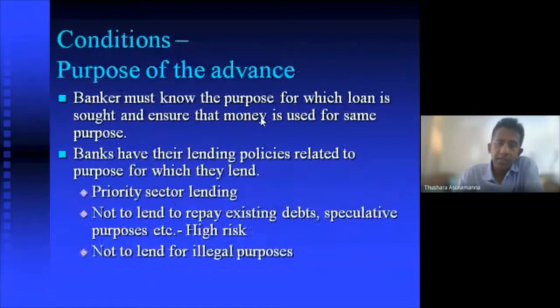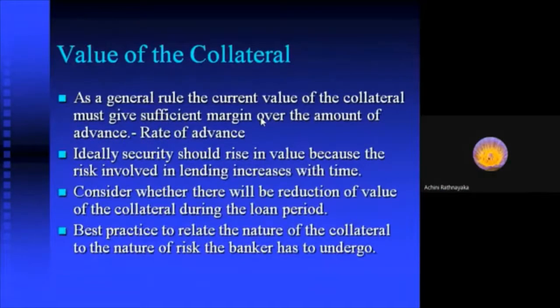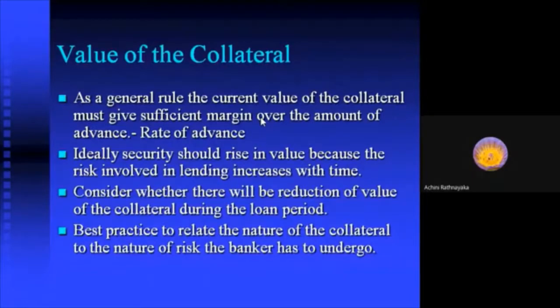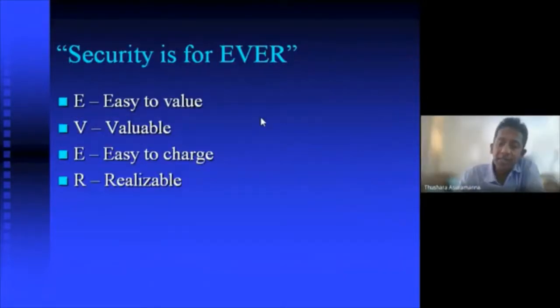Right. Any question? Easy to charge is something like, let's say, getting a letter of set off is easy, right? And getting a mortgage bond is a bit difficult, like the execution of the mortgage.